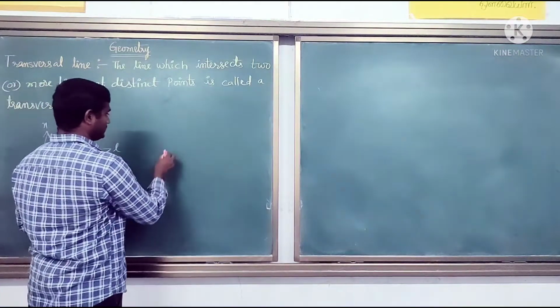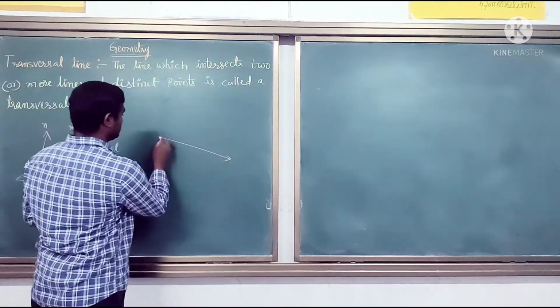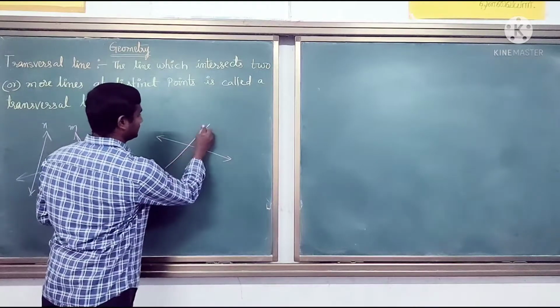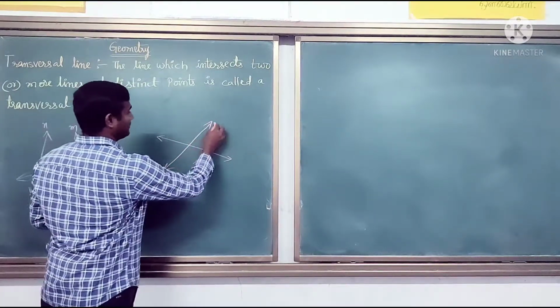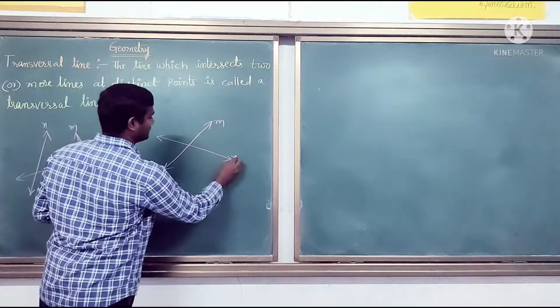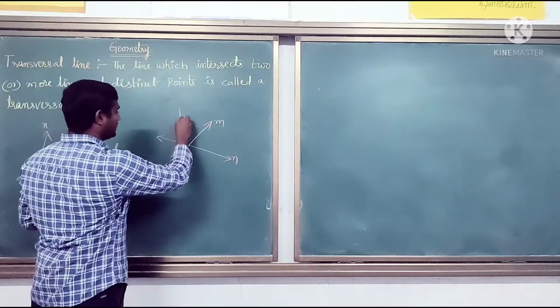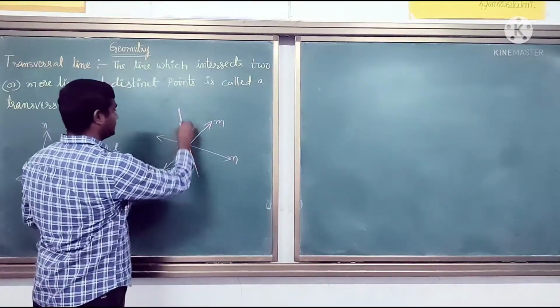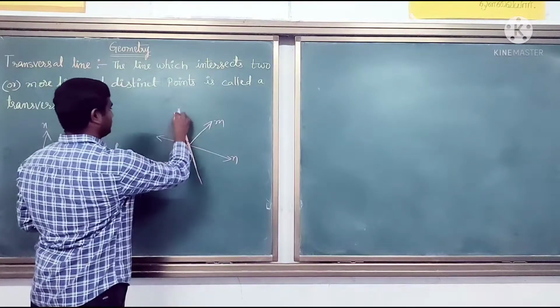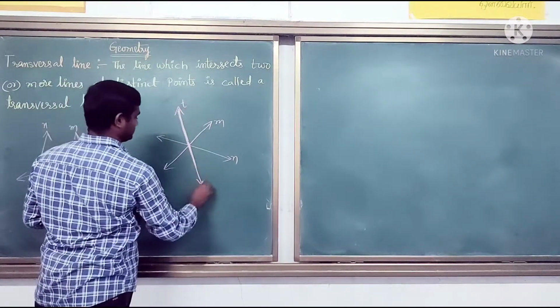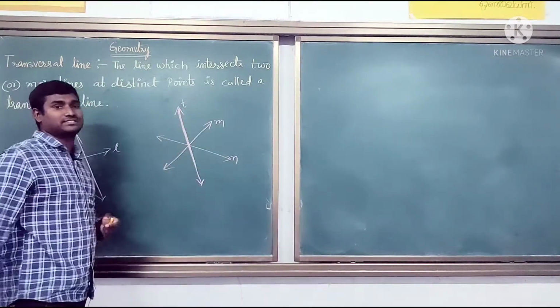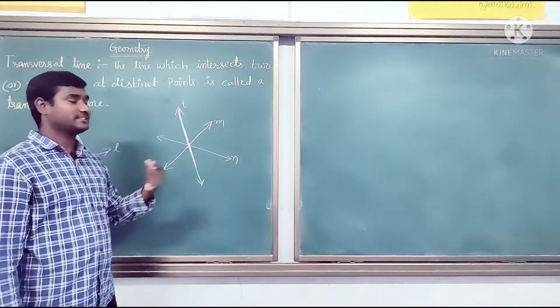Next, see this. Take these two lines, one is m, one is n, and draw another line t. Is t a transversal line? Let us check.